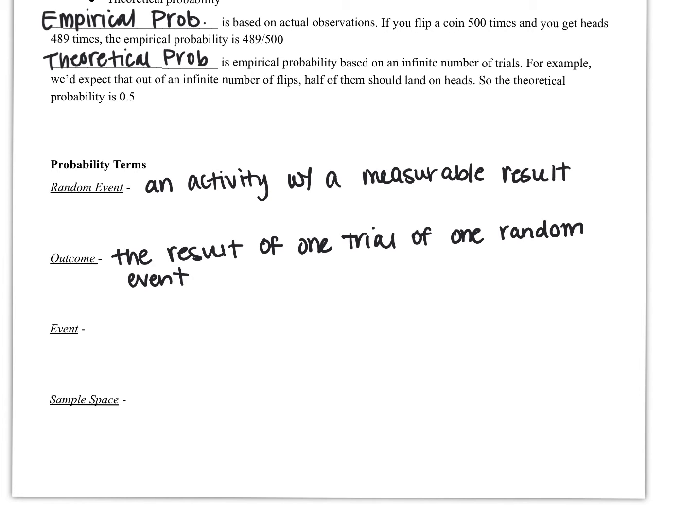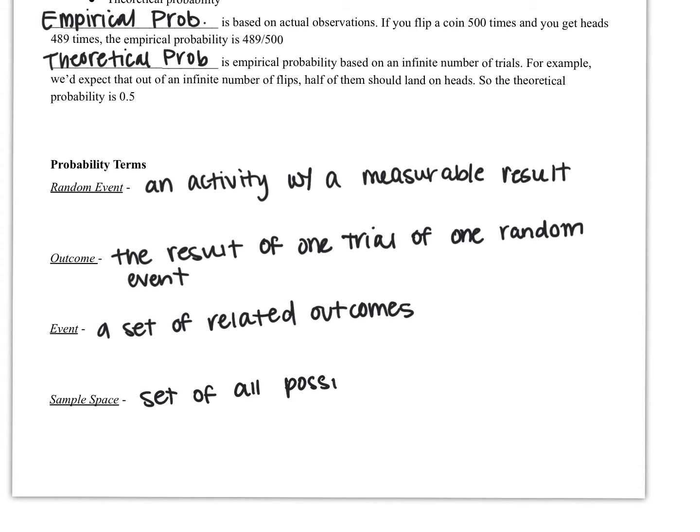An event is a set of related outcomes. And then the sample space is the set of all possible outcomes. So going back to flipping a coin, the sample space is going to be heads or tails. Those are the only outcomes you can get when flipping a coin.